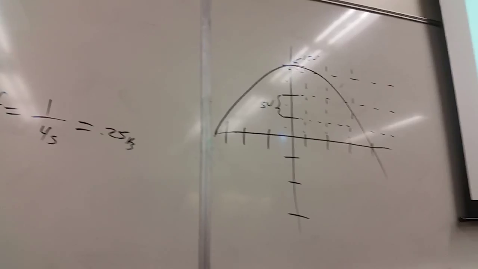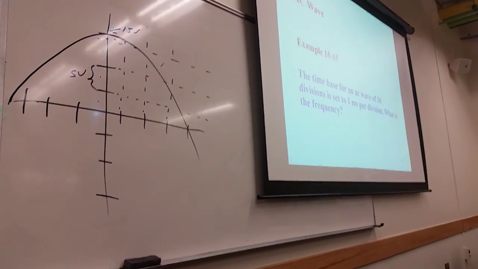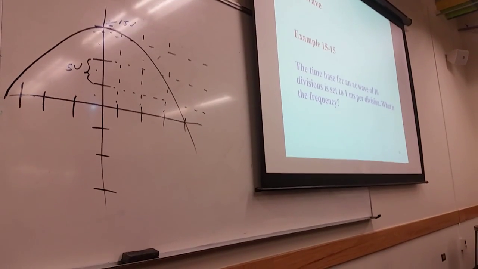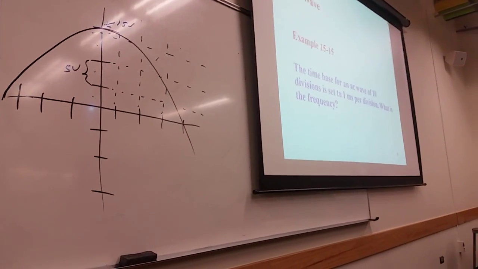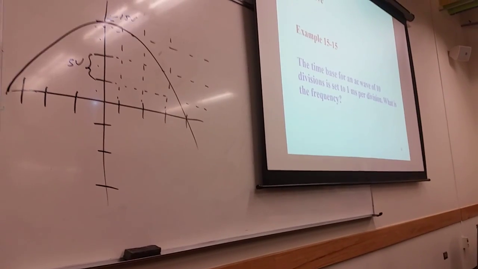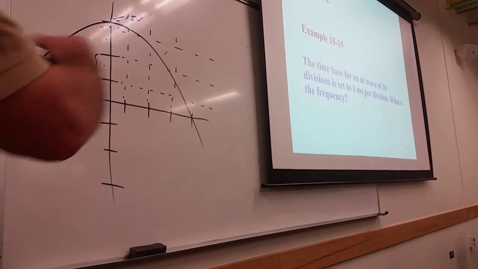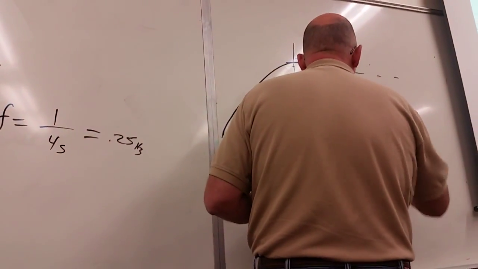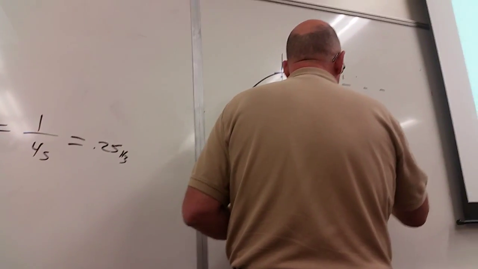So here's one with an AC wave. This is a time base of 10 divisions set at 1 millisecond per division. So we're doing an entire wave, aren't we? So 1, 2, 3, 4. If we snuck one more in here, this is 5.